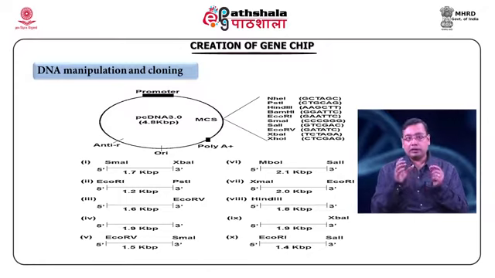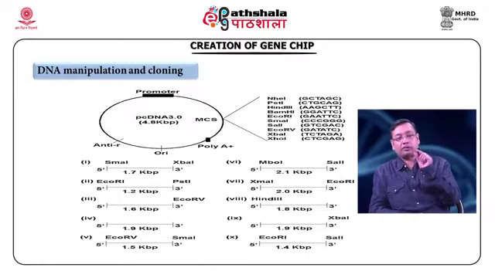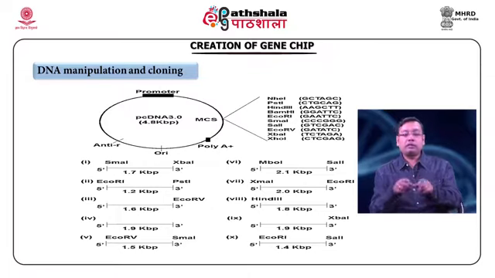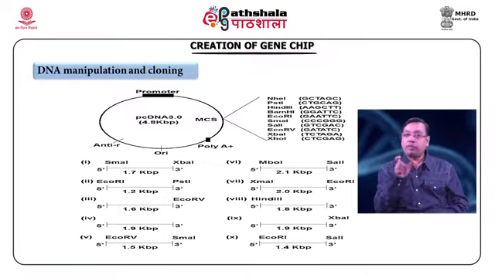Here you can see a multiple cloning site, called the MCS or polylinker, and this polylinker has an array of different restriction enzymes, compatible in such a way that you can clone in a particular fashion. Here there are 10 different examples, and every fragment has a different set of restriction enzymes.